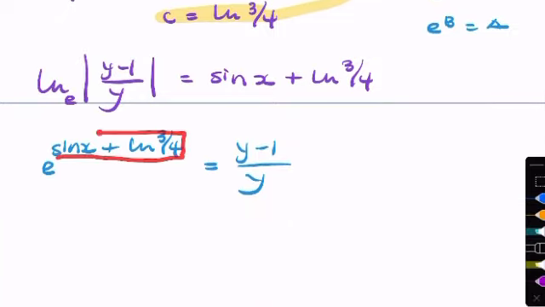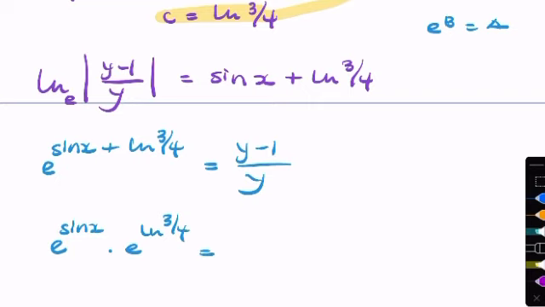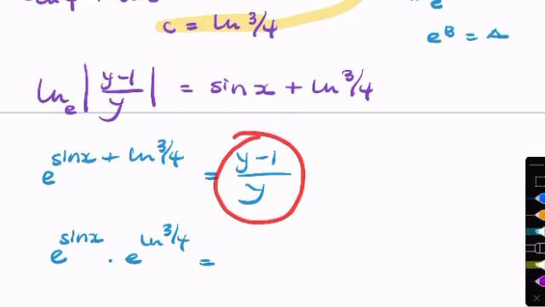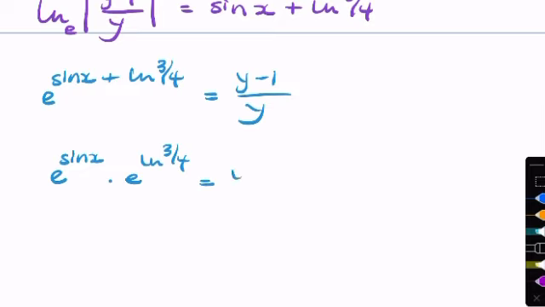When you have a sum in the power, you can write it as a product. So it's e to the sine x times e to the ln 3/4. And you can split this fraction: you can make it y over y minus 1 over y. And that, of course, is just 1.